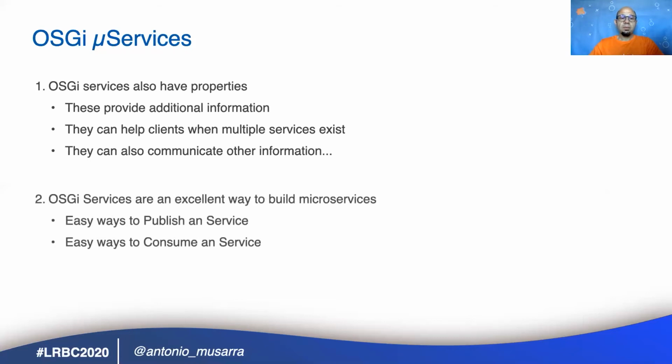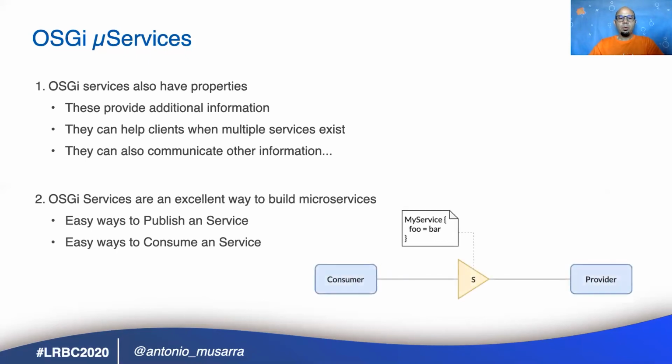OSGi services are an excellent way to build microservices, an easy way to publish services, and an easy way to consume services. This diagram shows how a service defines additional properties and how it has a provider and consumer.